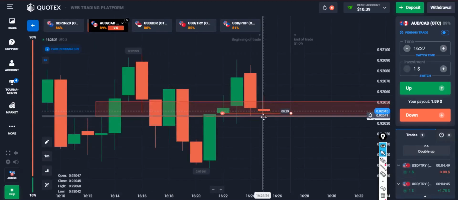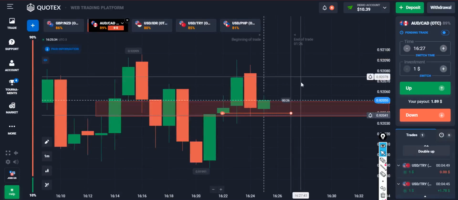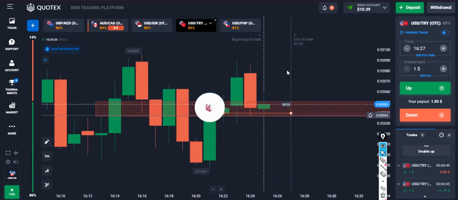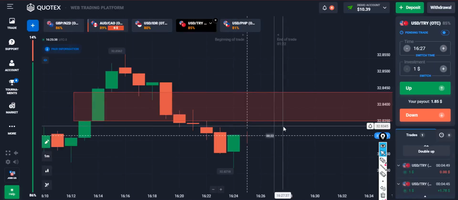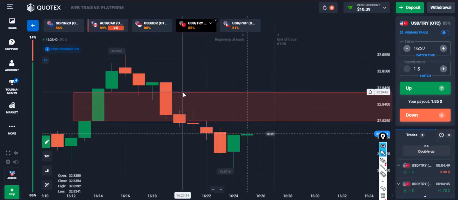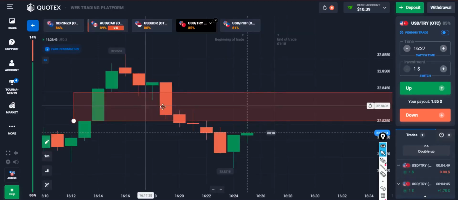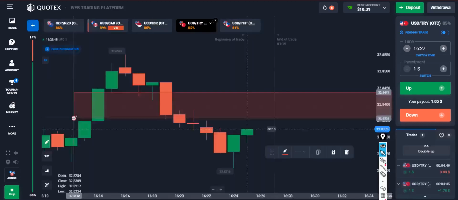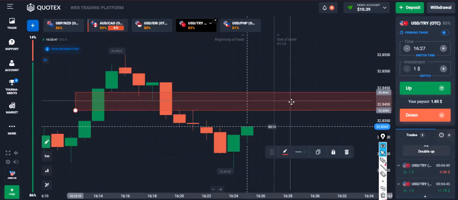If the market breaks this line, then I'm gonna win for sure. If it doesn't, I don't think I'm gonna win. Let's customize this one.